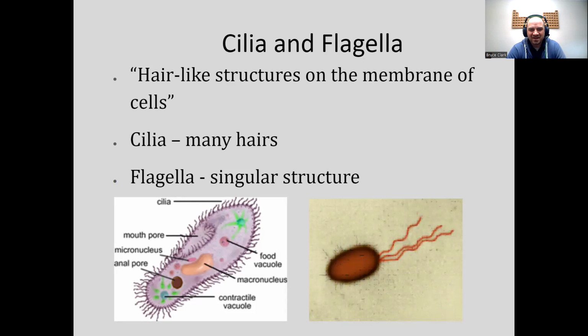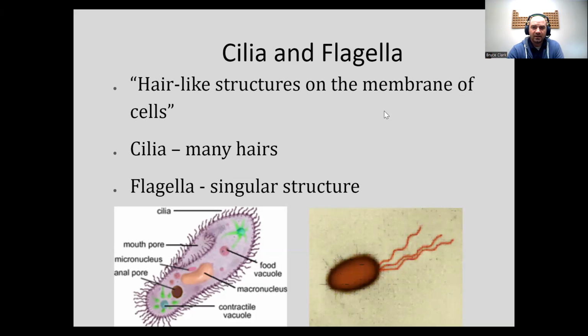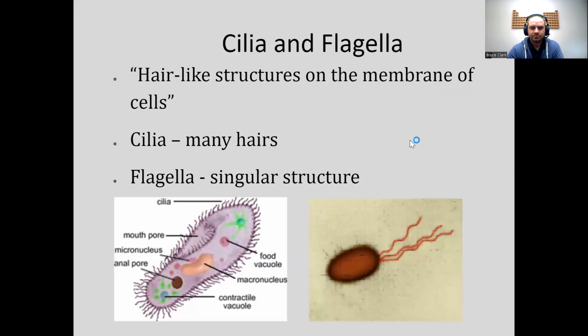So cilia has many hairs, where flagella has a singular structure. Within the human body, we see both of these. Cilia, your respiratory tract is lined with cells that are ciliated because they move that mucus out of your lungs, etc. And flagella, the only cell with a flagella would be the sperm cell has a flagella on it.